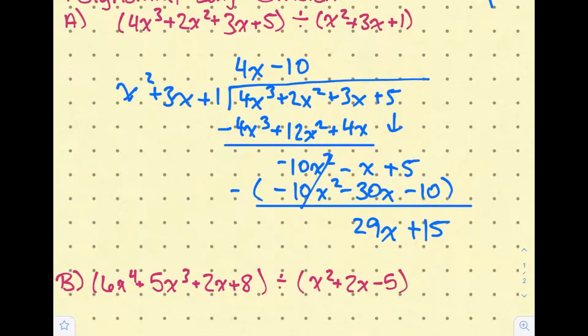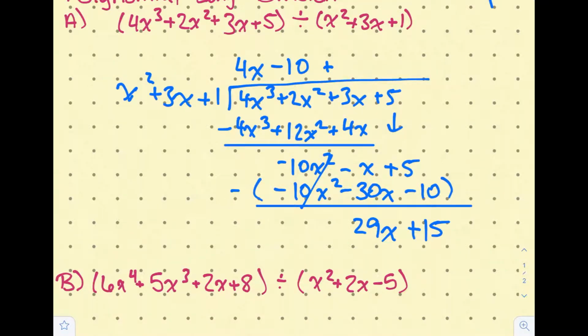Now, what we're left with, our dividend, is of a lower degree than our divisor. x squared does not go into 29x. We found our remainder. So I'm going to treat it the same way I treated the remainder in long division.